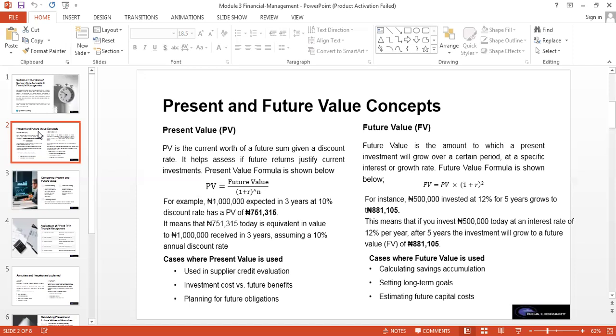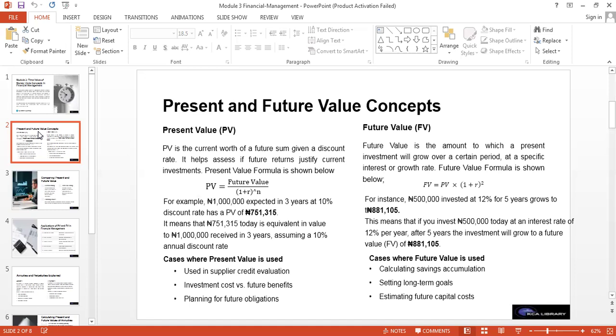So this means that if you invest that 500,000 naira today at an interest rate of 12% per year, after 5 years you will gain 881,105 naira, which is the future value of that 500,000 that you invest today.